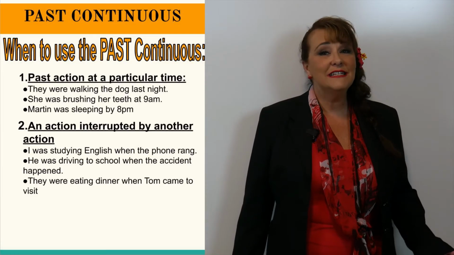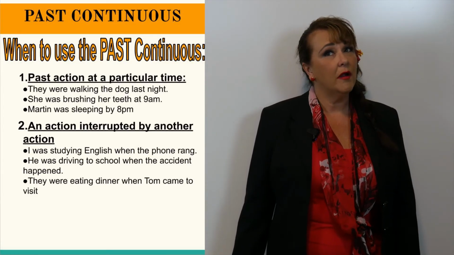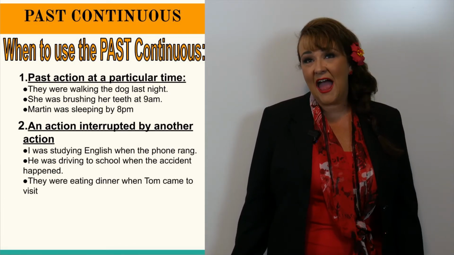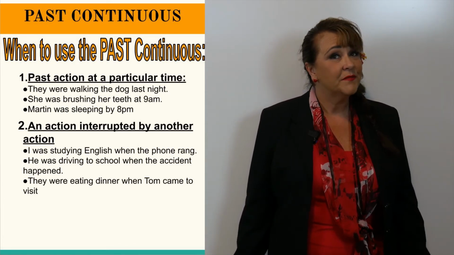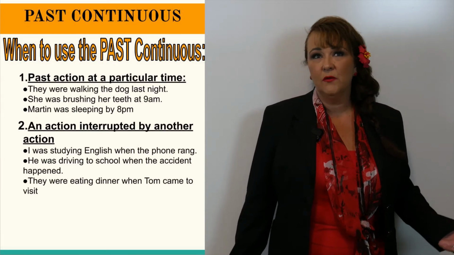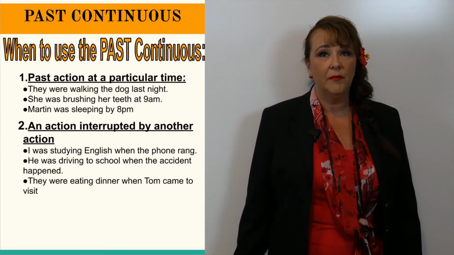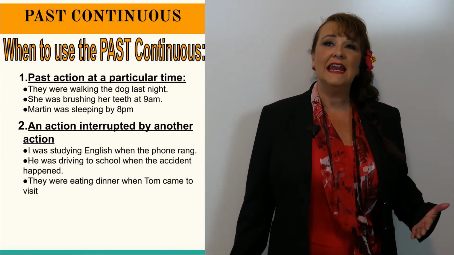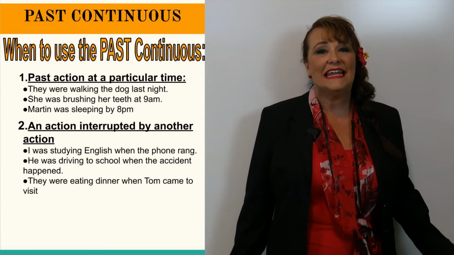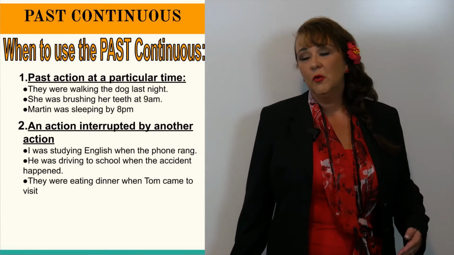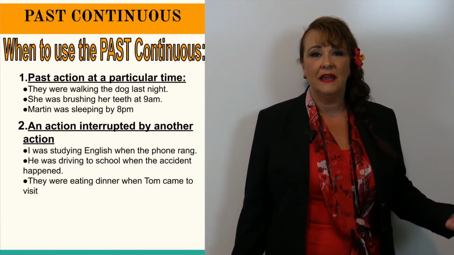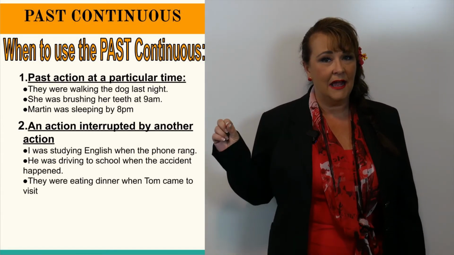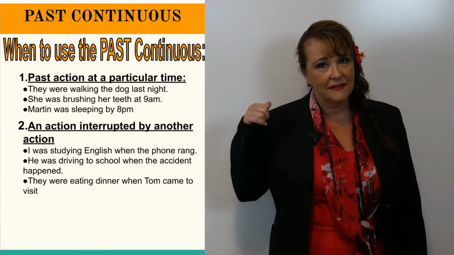There are two different uses of this form that all suggest an ongoing act in the past. The first reason why we would use this form is that the past continuous expresses an activity that was in progress, which means it was happening at a particular point in time in the past.